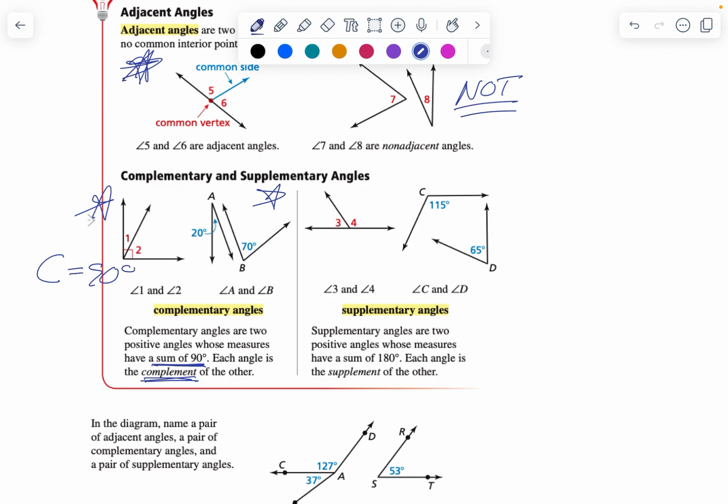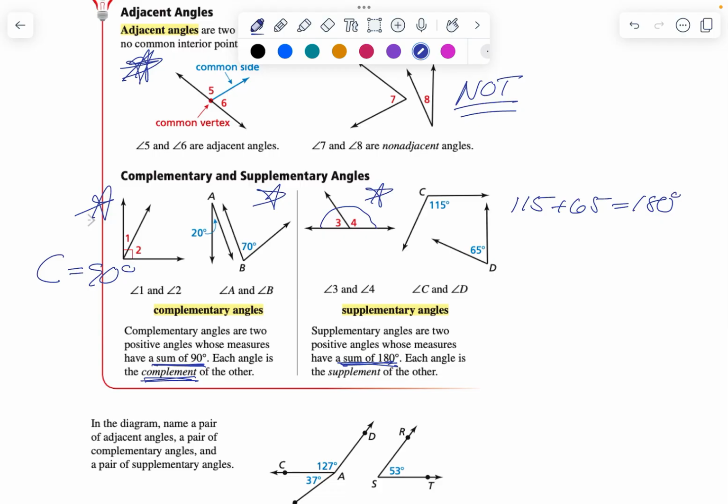Now, supplementary is similar, but they have a sum of 180 degrees. Here, using our angle addition postulate, they make a straight angle together, so that's 180 degrees. So angle 3 and angle 4 are supplementary. And in this other picture, 115 plus 65 equals 180.